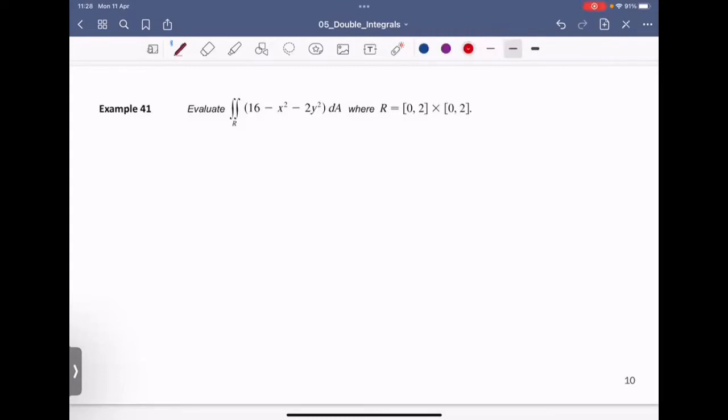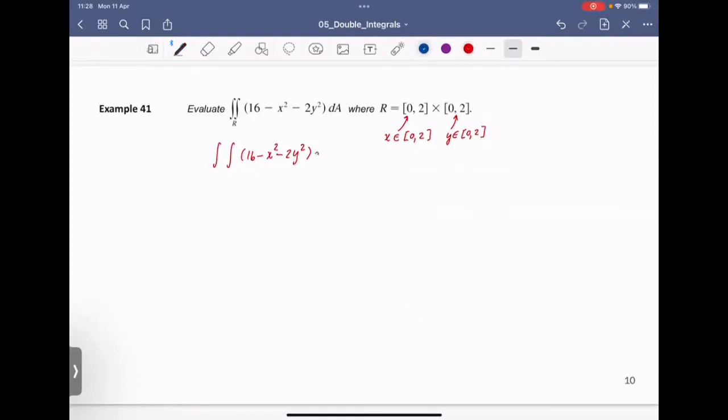It means that you're going to integrate x from 0 to 2 and y from 0 to 2. Which means the integral can be evaluated as the double integral of 16 minus x squared minus 2y squared. You can pick the order of integration as you want.